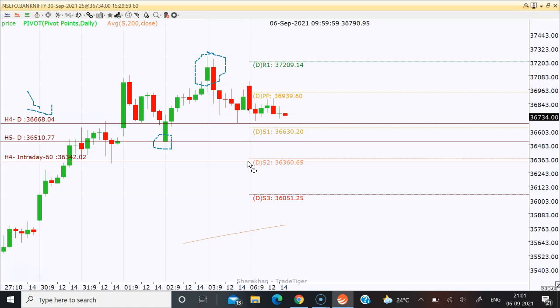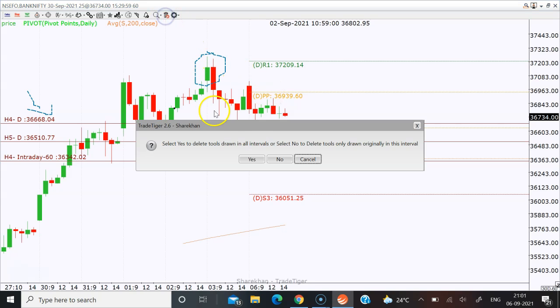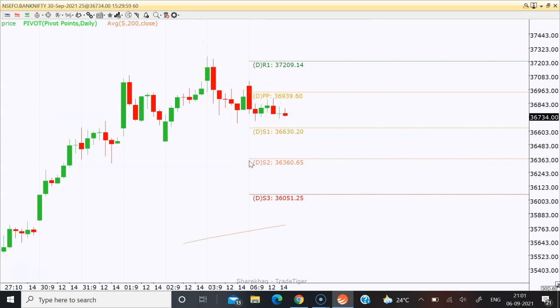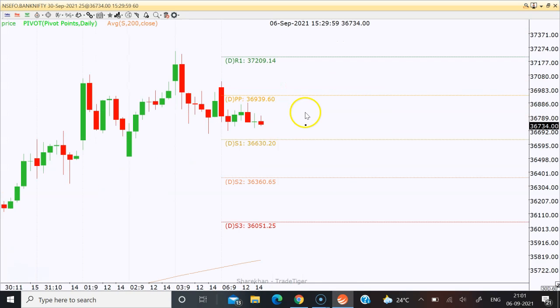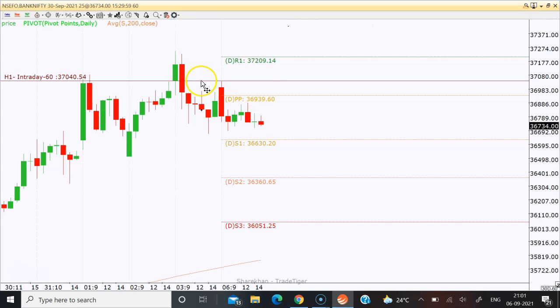When it comes to buying, if we have to take a long call tomorrow, we have to wait for today's high, that is 37,040. Till that point I don't see a clear-cut long call, because selling pressure is always there. Here you can see the large red candles.